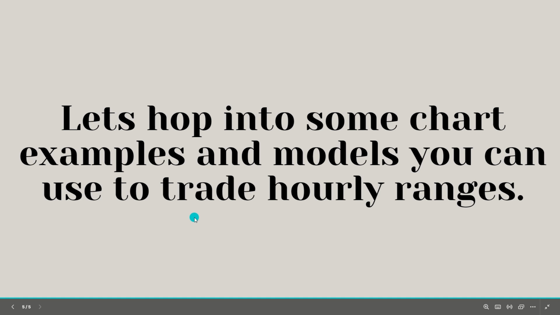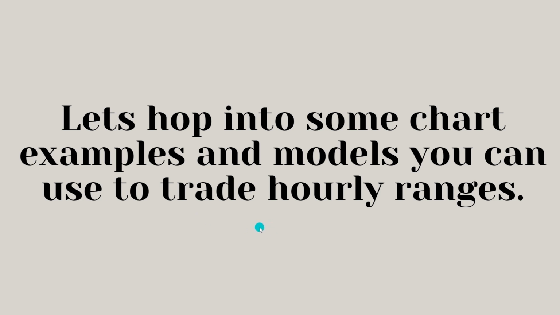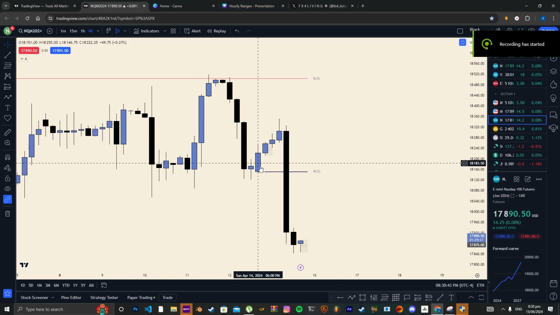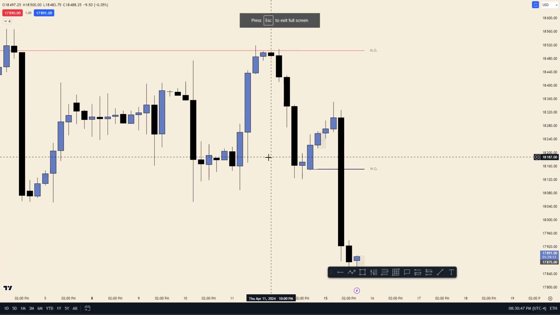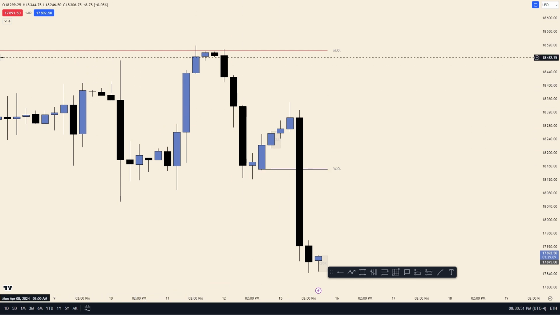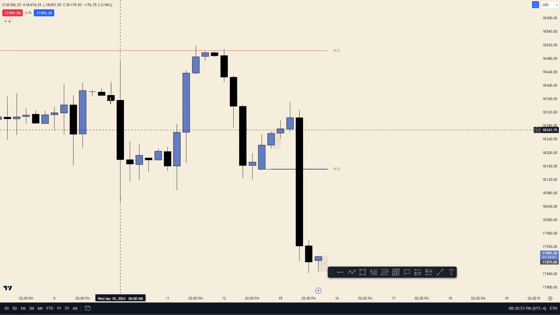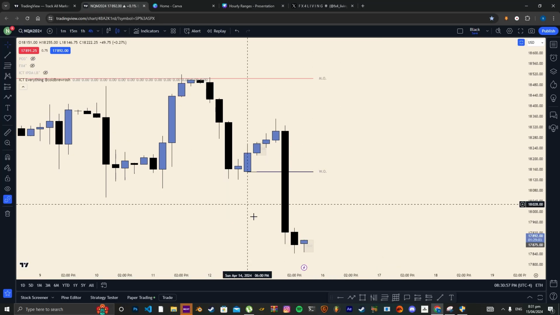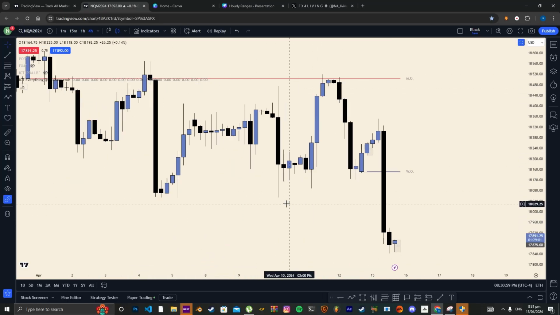Let's hop into some chart examples and maybe some potential models that you can use to trade hourly ranges. Right here, let's zoom in, we have pretty much our 4-hour chart on NASDAQ. And what I'm looking for is a range that has already been established to potentially find shorts in our bias.